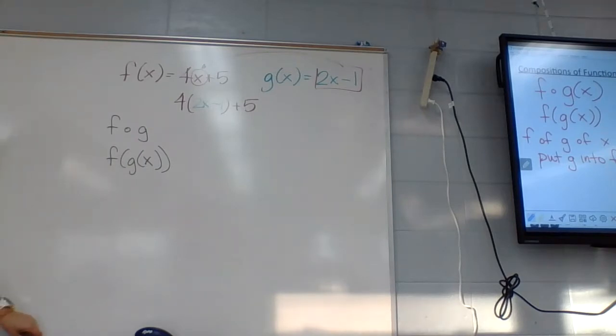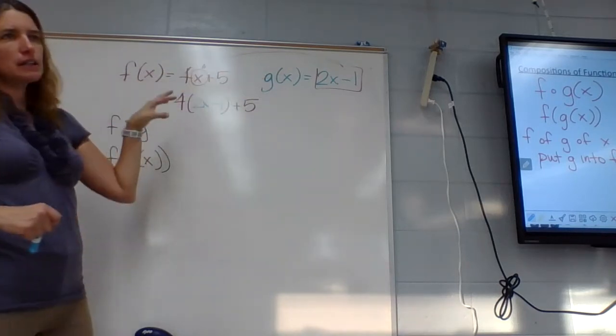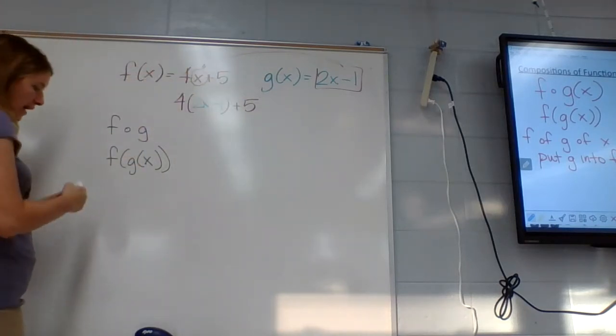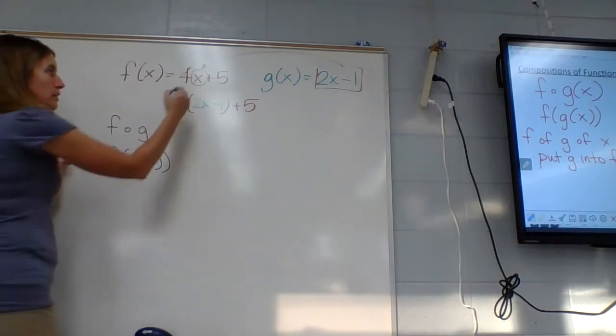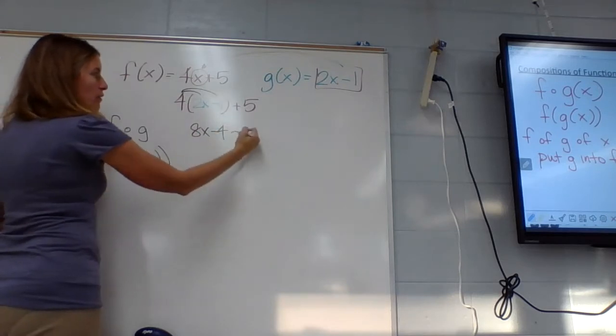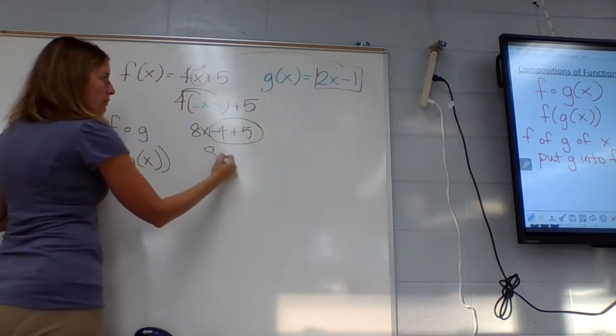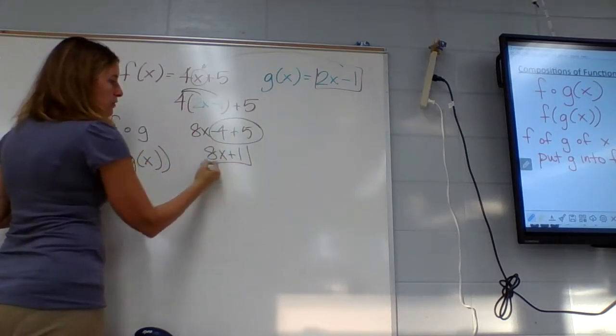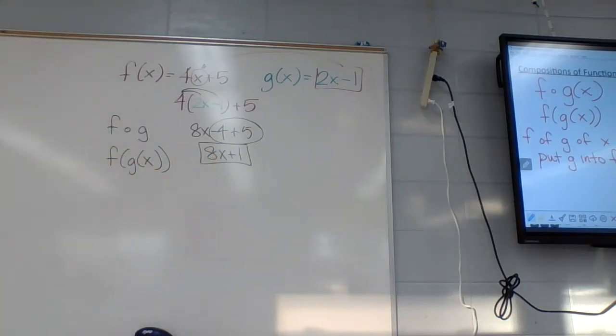So it's telling you to put one function in for another. And then we would just do the algebra to simplify that. So this is f of g of x. Then I would distribute and combine the like terms. So it'd be 8x plus 1. So that'd be f of g of x.